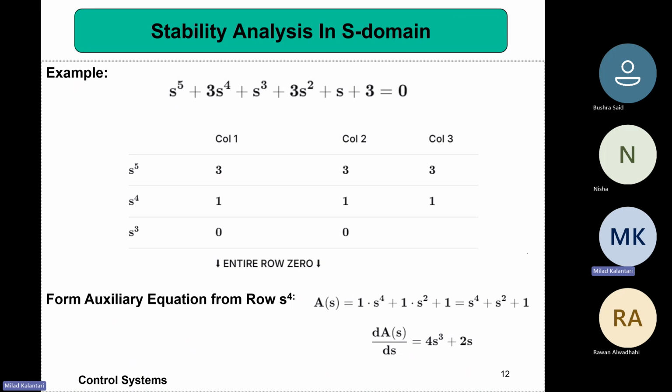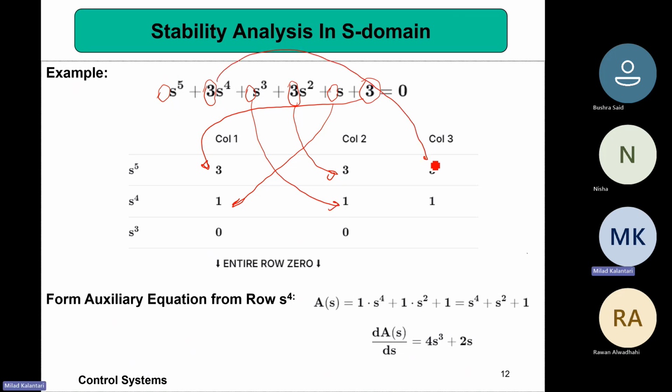So the way was we just try to write the coefficient of this s in the polynomial in a specific order. We put this 3 here, this one here, this 3 here, right? This one here, this here, and so on, in this format.